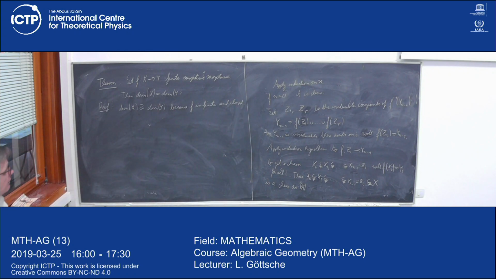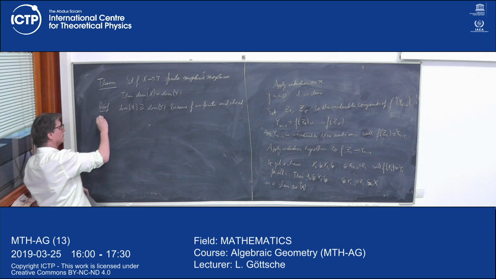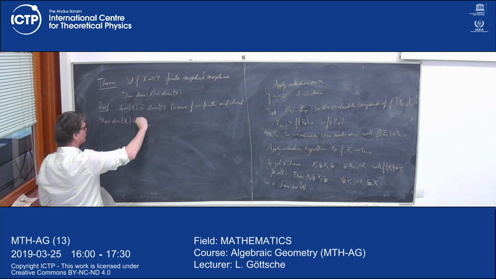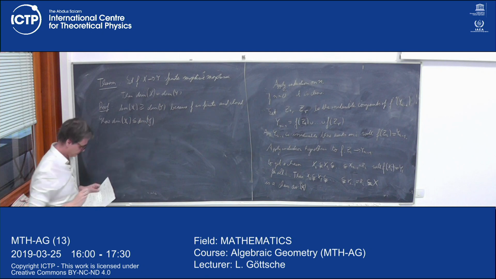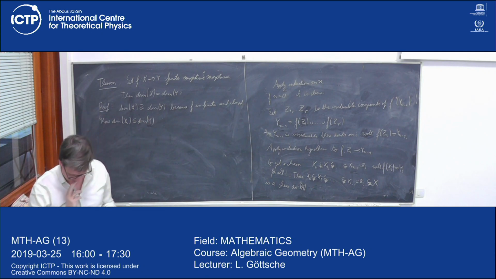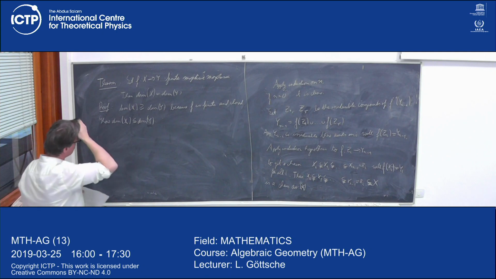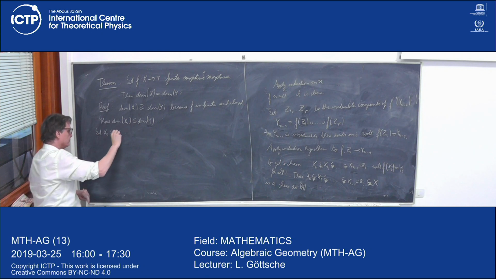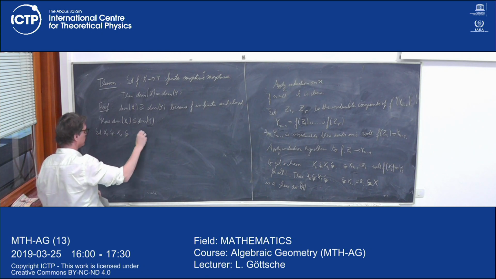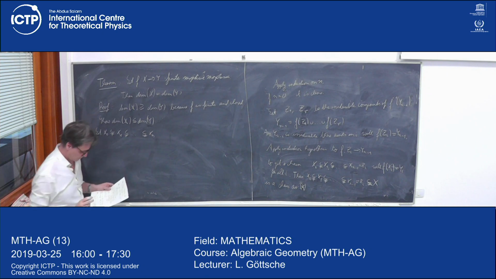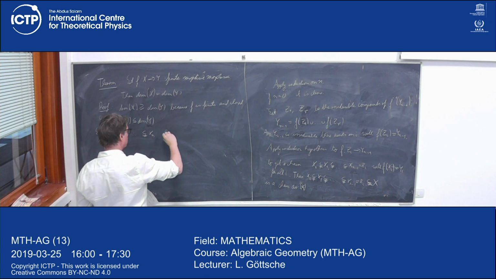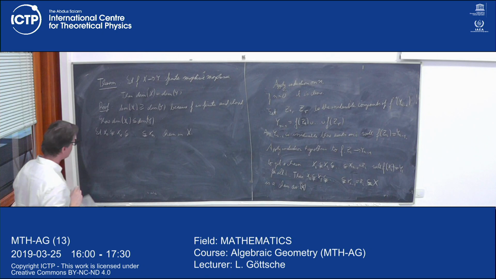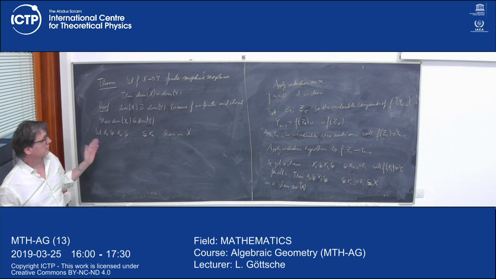So we have to show the other inequality. So we show the dimension of X is also smaller or equal to that of Y. So let's take a chain in X, and we put Yi to be the image.